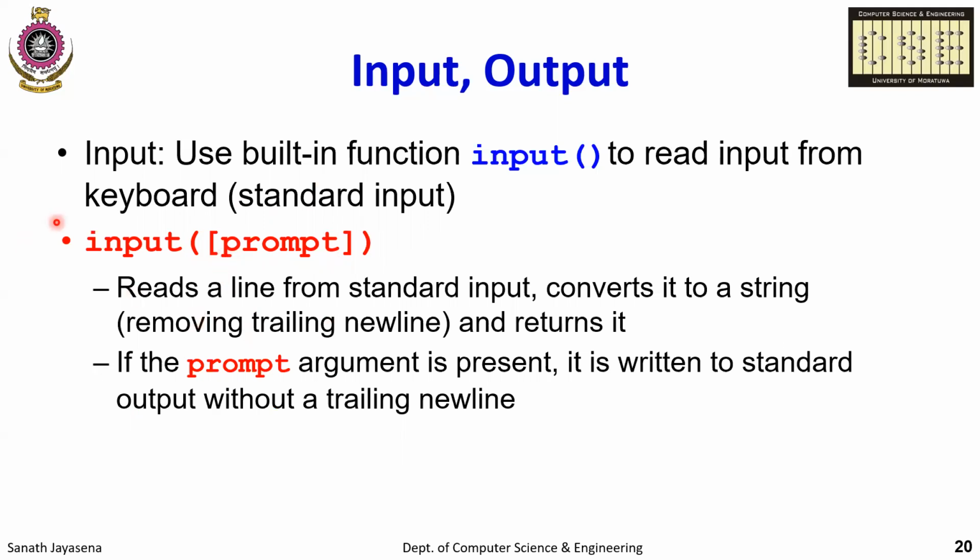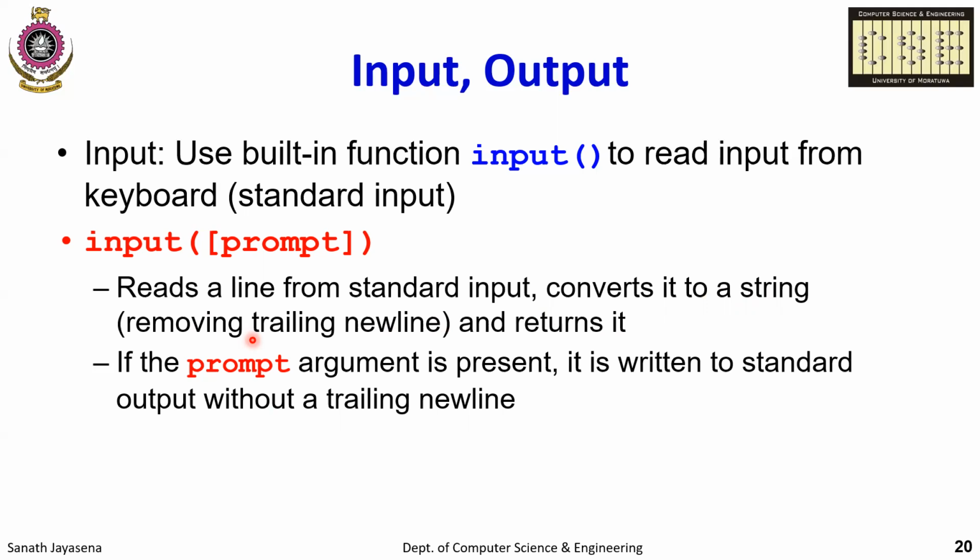What the input function will do is read a line from the keyboard and convert it to a string. Whatever content is read from the keyboard will contain a new line character at the end, because usually you will type something and finally hit the enter key on the keyboard, which generates this new line character.